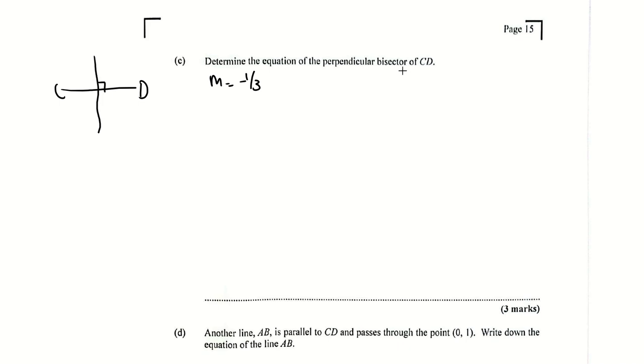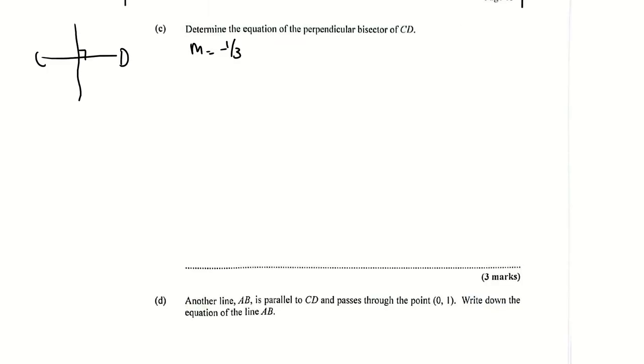Yes, because bisector means it's splitting that line CD at your midpoint. So the coordinates that we know would be 1, 4. Just 1 and 4, no negative right here. So your gradient of CD is negative 1/3, and your midpoint, or the point that the perpendicular bisector would intersect, would be 1, 4. So we're just going to put that.